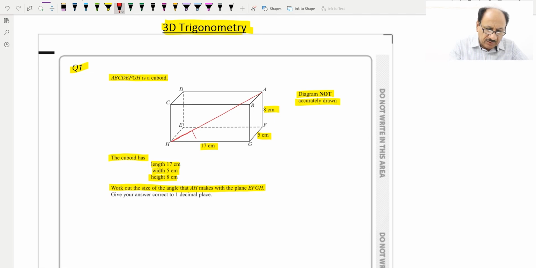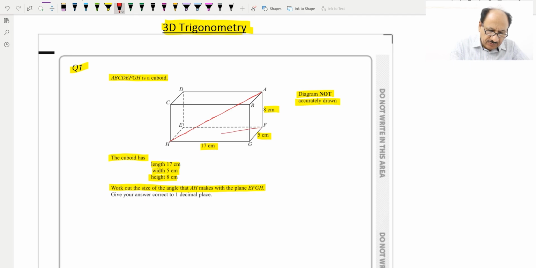Now which angle are they discussing? This is the angle. Before that, we need to draw the base diagonal.